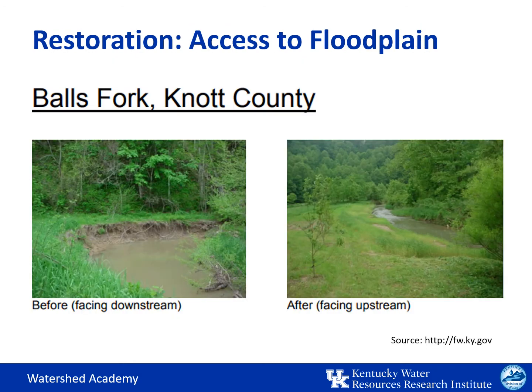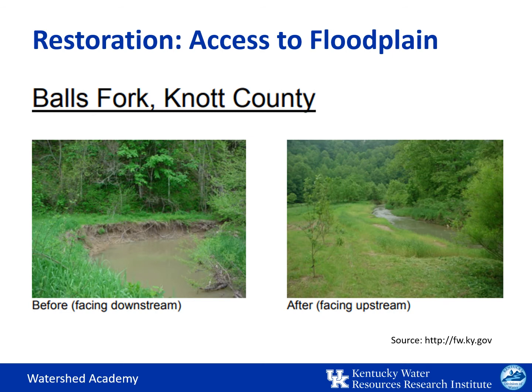Here's an example of another type of restoration activity. This is one of Kentucky's stream mitigation projects in Knott County. So note the sharp bends on the stream with the severe erosion on the left, which would be continuing to contribute towards significant sediment loading to the stream.